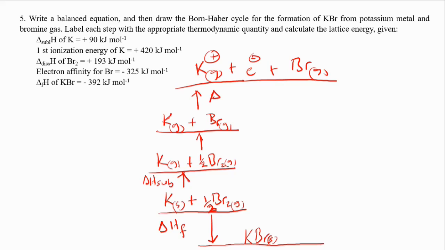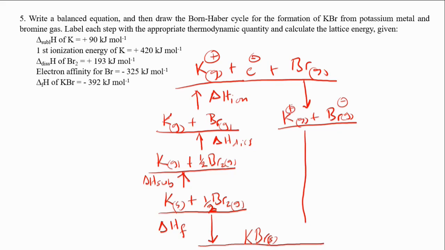Let me just label these steps as was requested in the question. This one is bond dissociation, DISS. Then we can do electron affinity for the bromine, so we end up with gaseous bromide and gaseous potassium ions. And now this arrow here could be double-headed, indicating that it could go either way.